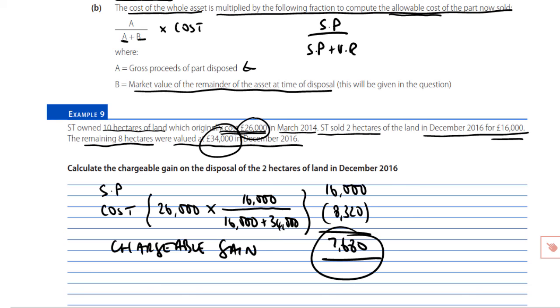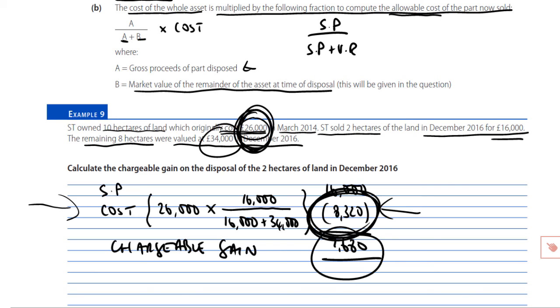I have to go back to this original disposal and look back at that original cost calculation, because now I know that my original cost of the 10 hectares was that £26,000, of which this figure, £8,320, has already been used, has already been expended in the earlier gains calculation.